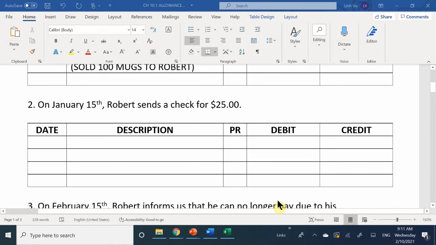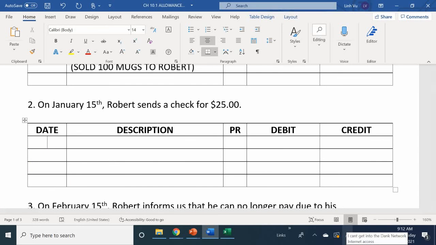So then question number 2 goes on January 15th. Robert sends a check for $25. How do you generalize that? Allowances for debit.